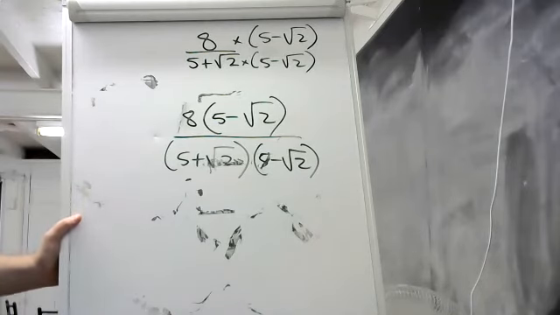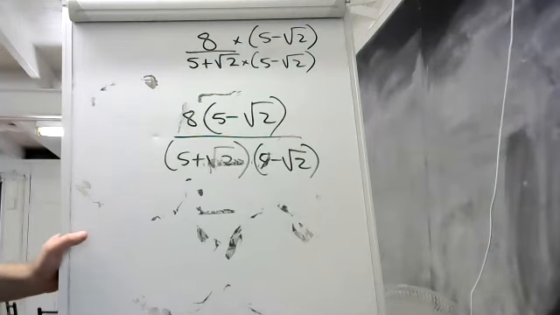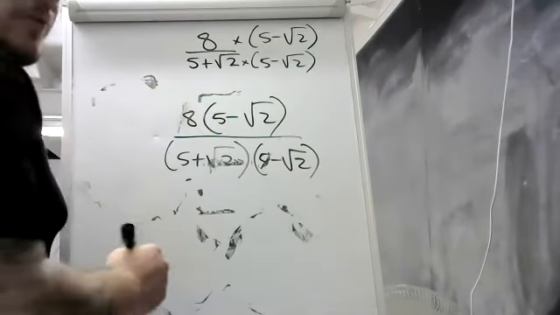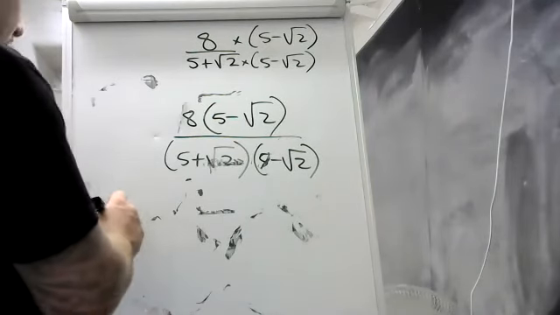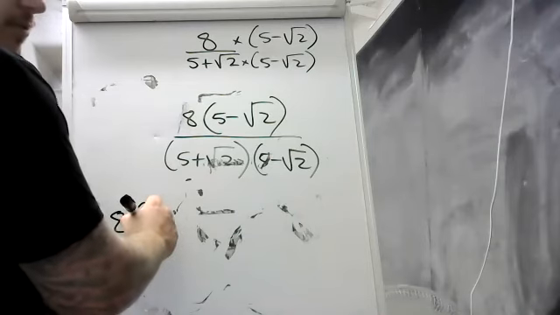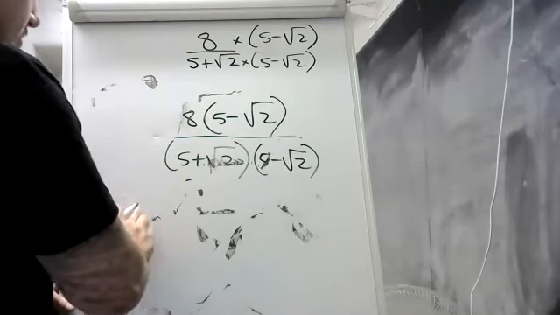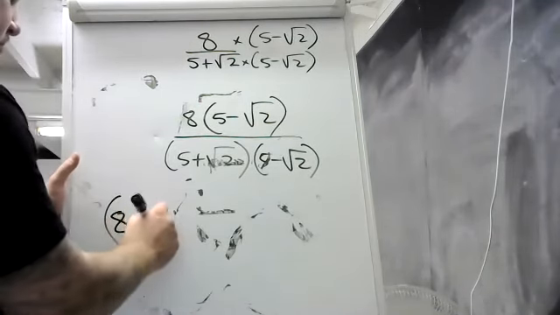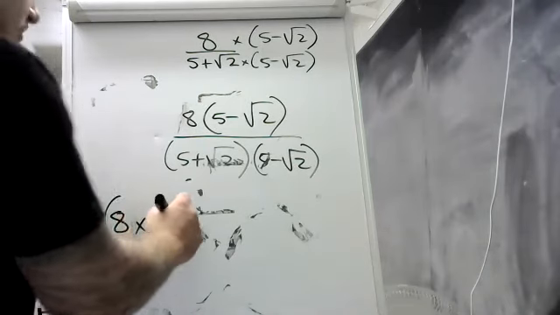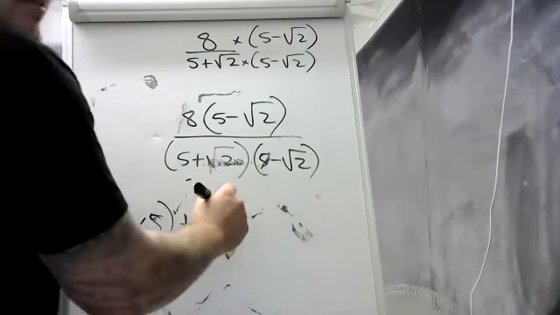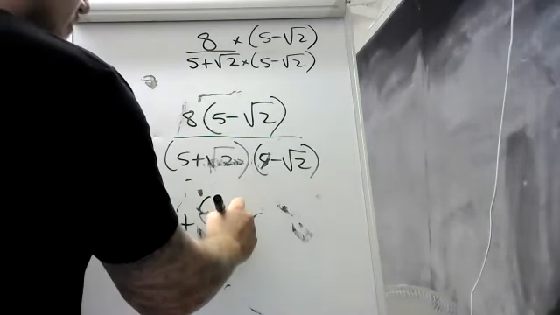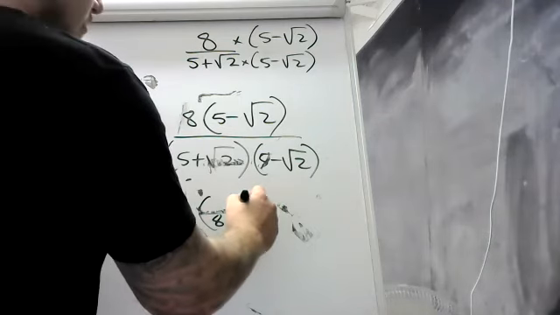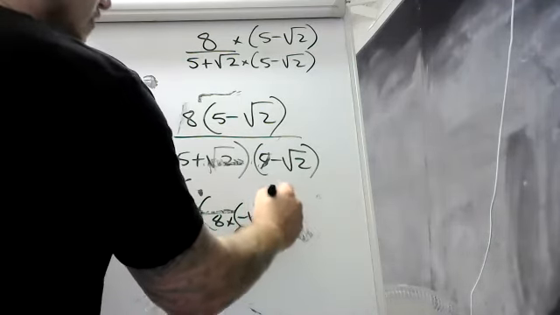What we want to do here is end up with a surd on top and a rational number on the bottom. So the top line here is equivalent to 8 times 5, putting like terms together, plus 8 times minus square root of 2.